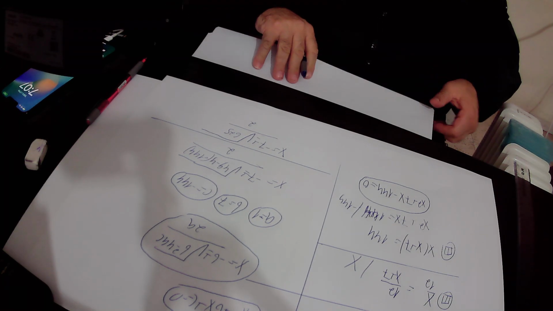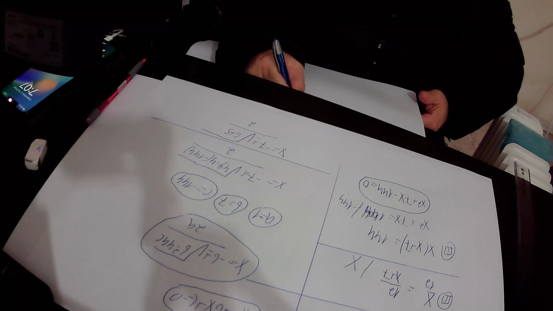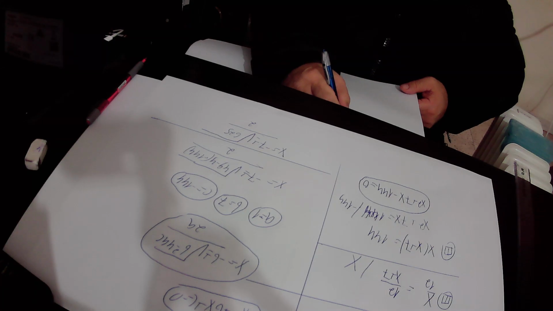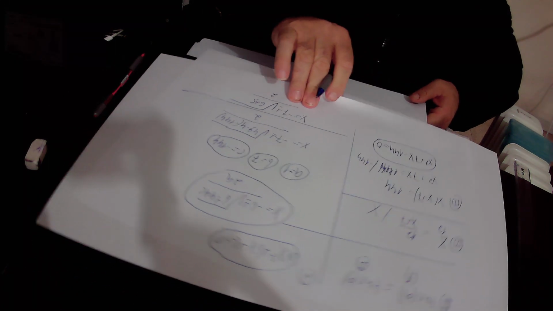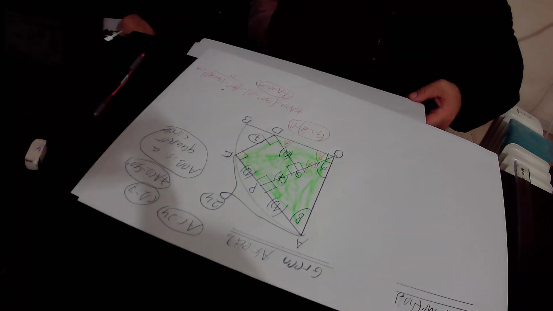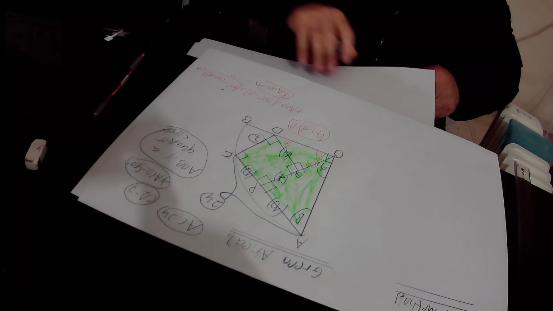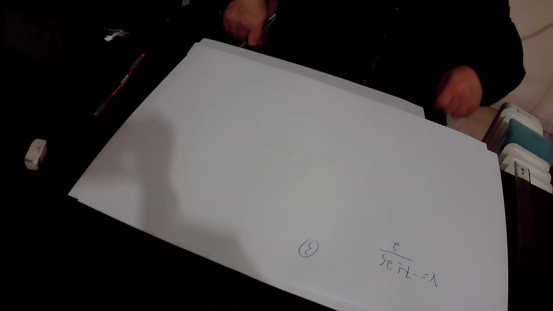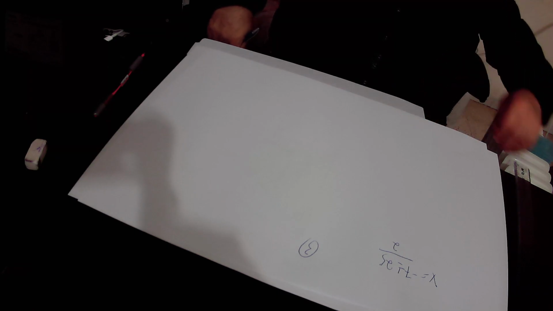So here we will get that x equals minus 7 plus or minus the square root of 625, which is 25, over 2. So here we found out that x equals minus 7 plus or minus 25 over 2.